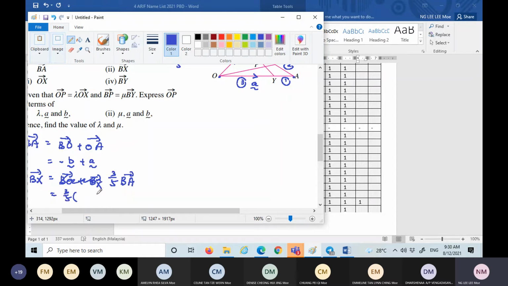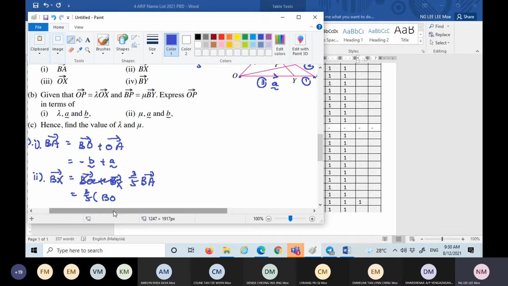Then BA, you can write it as, just now someone suggested to me, B to O. No need. BA is already in part 1. So very simple, just use negative B plus A. You see or not? It's so simple.